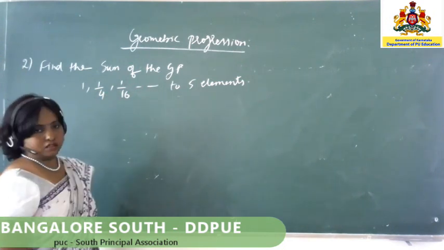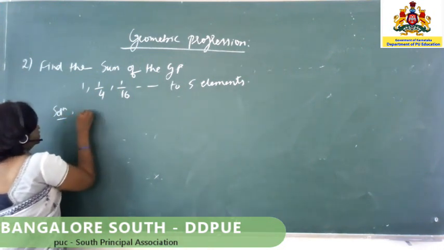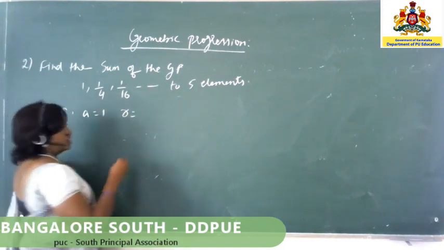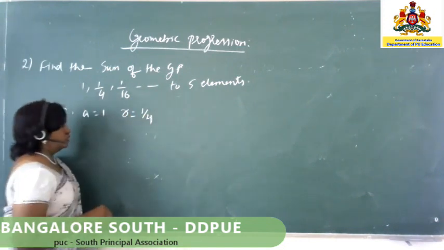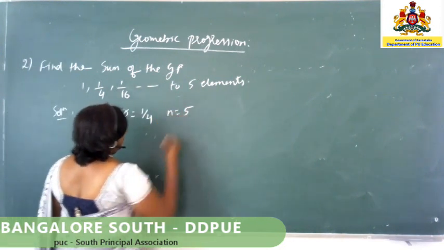Here you should find the sum. A is equal to 1, R is equal to 1 by 4 divided by 1, it is 1 by 4 itself. And N is equal to 5.